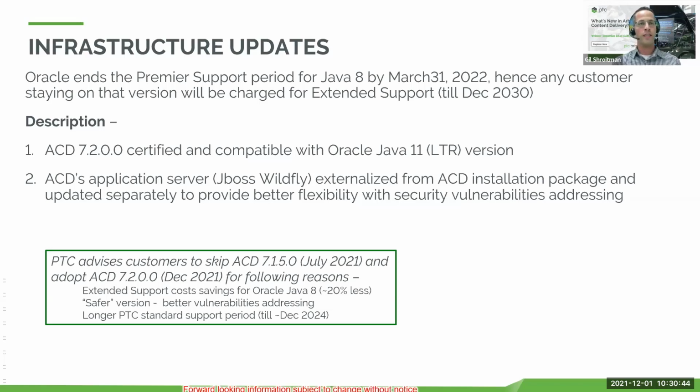Again, for those exact reasons: the extended support cost savings for Oracle Java 8, as well as the fact that it's going to be a safer version compared to 7.15 in terms of our ability to address vulnerabilities that might occur in some external components like WildFly, as well as a longer support cycle that we will be providing for 7.2 until December 2024.